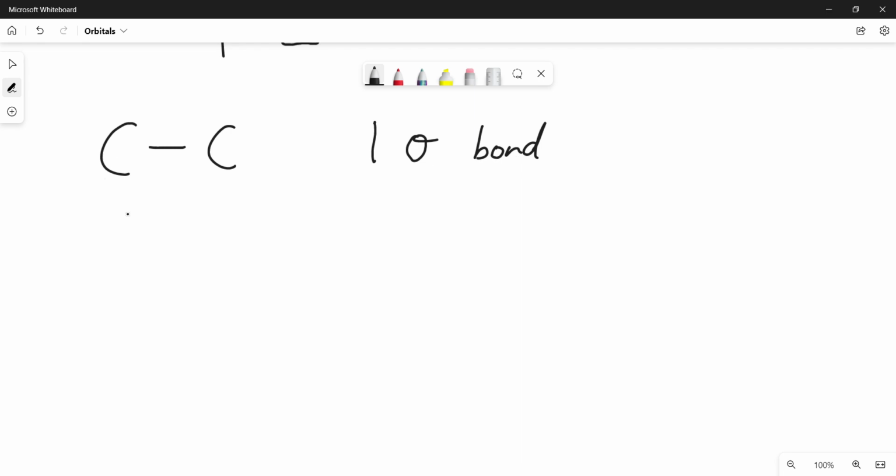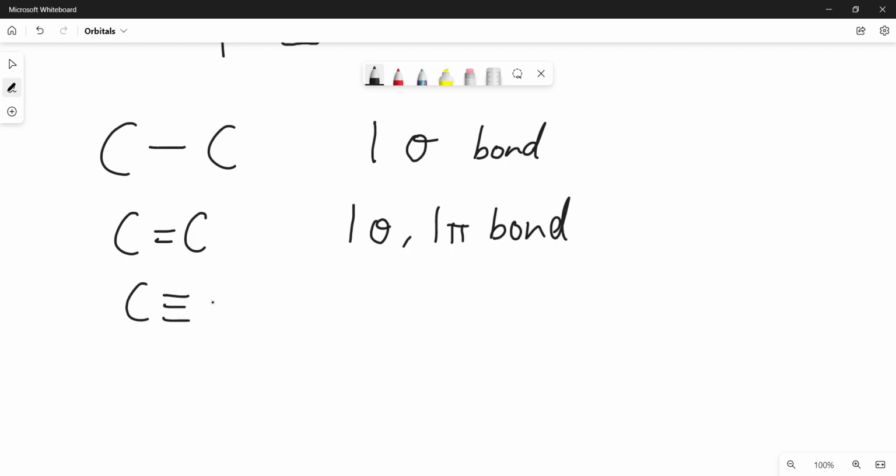And for every double bond, C double C would be 1 sigma bond and 1 pi bond. Remember, these you just need to memorize off the top of your head. I'll give you a trick later. And for a triple bond, it's 1 sigma bond and 2 pi bonds.